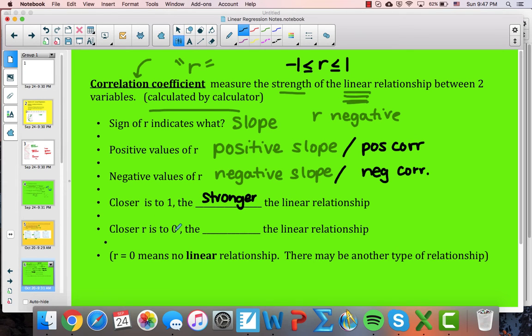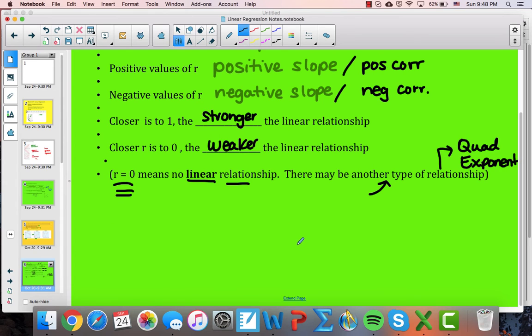The closer R is to 0, the weaker the linear relationship. If R actually equals 0, then there is no linear relationship, okay? There could be, again, one of those other types of relationship that we said could be quadratic, could be exponential, and there's a lot of other relationships that it could be, okay, that we're going to learn later this year.